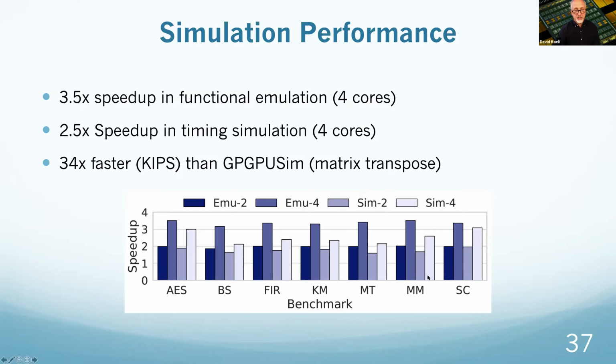So we emulate with 2 GPUs, 4 GPUs, and again, cycle-based with 2 GPUs and 4 GPUs. When we run this with 4 cores, we get a 3.5x speedup in functional emulation, and a 2.5x speedup when doing timing simulation across 4 cores.